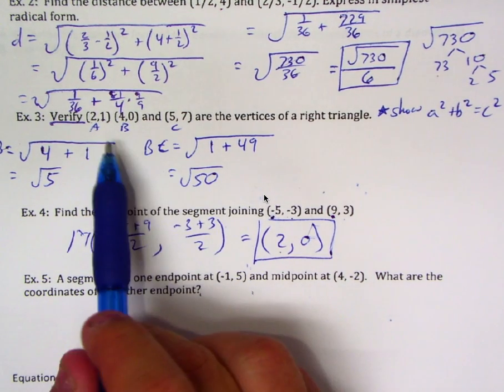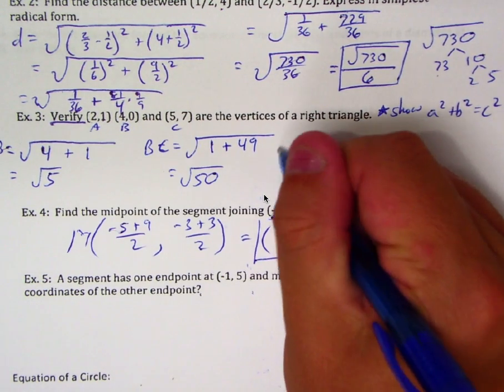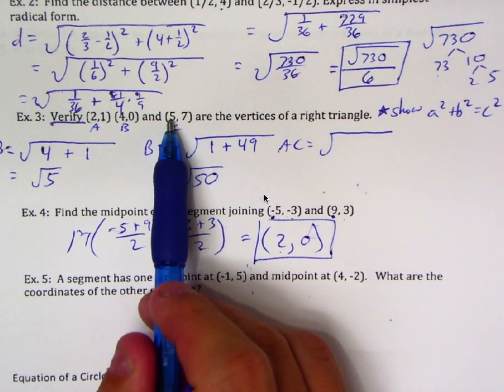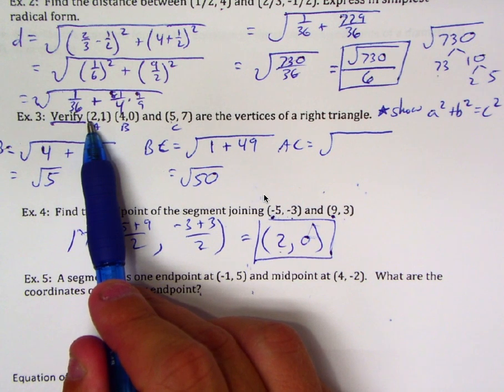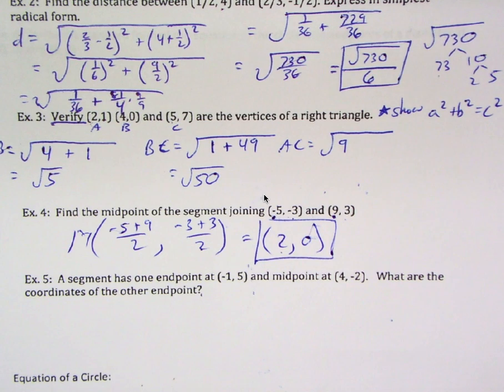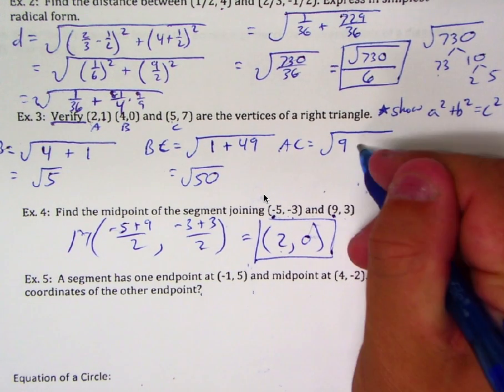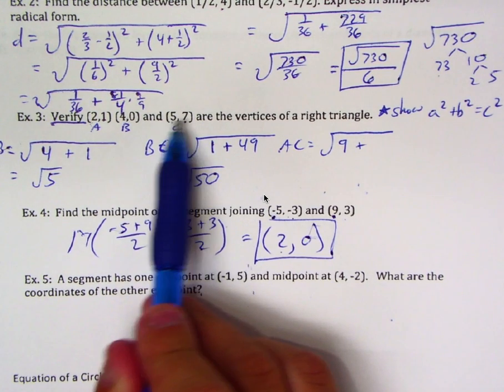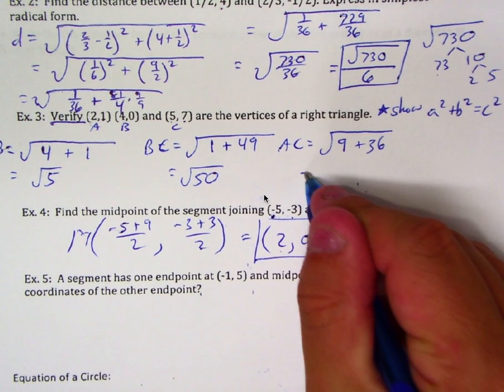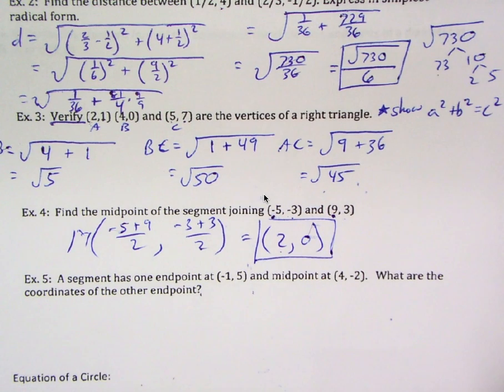And then I want to find AC, side length AC. So 5 minus 2 is 3. 3 squared is 9. So I'm subtracting the x's and squaring it. That's what I'm doing there. Plus, let's subtract the y's and square it. 7 minus 1 is 6. 6 squared is 36. So we get the square root of 45. Okay.